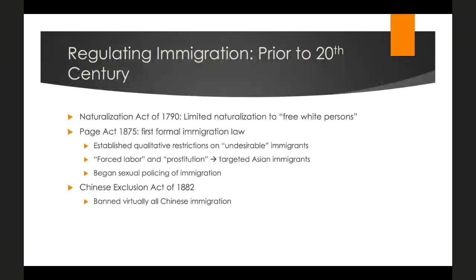It was originally intended to last only 10 years, but was then expanded. There were a series of amendments to this law, and it was over this law that Xi Jinping brought suit against the United States, and the Supreme Court affirmed the doctrine that Congress can regulate immigration and control access to its borders.